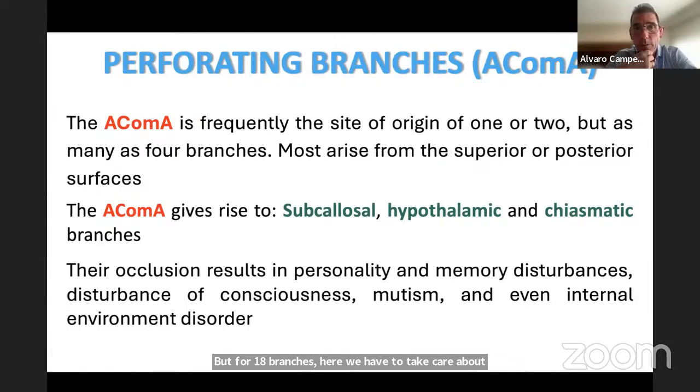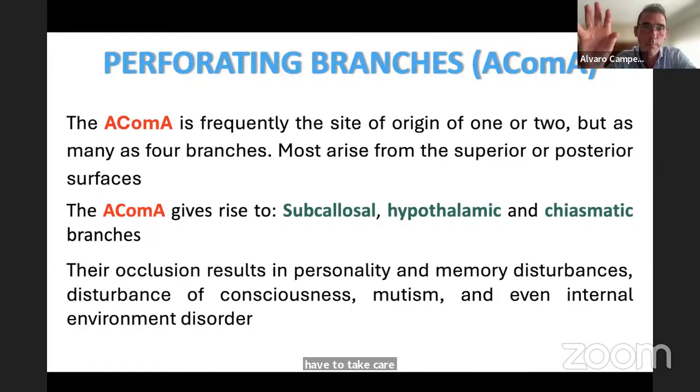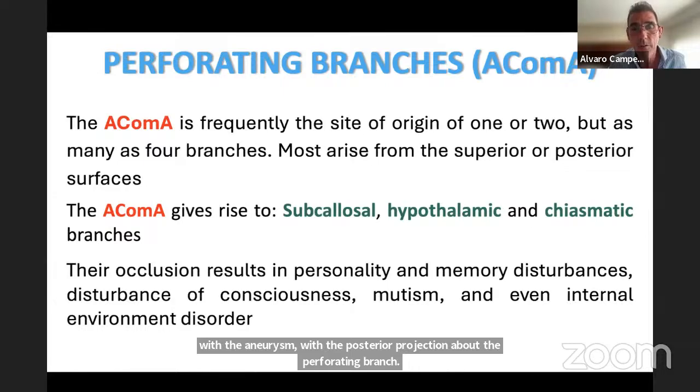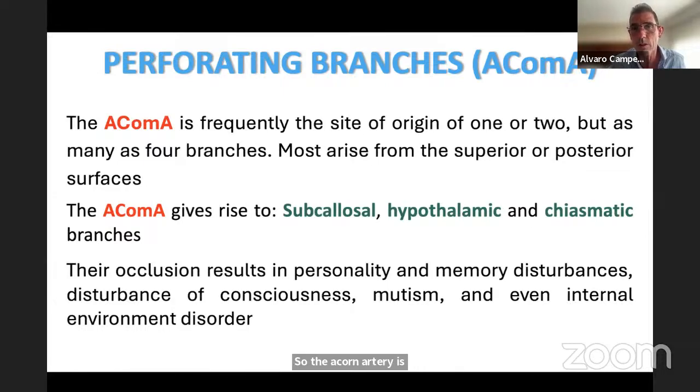What about the perforating branches of the ACom artery? When we have an aneurysm in the ACom artery, we have to take care mainly with the aneurysm with posterior projection about the perforating branches. The ACom artery is frequently the site of origin of one or two, but as many as four branches.